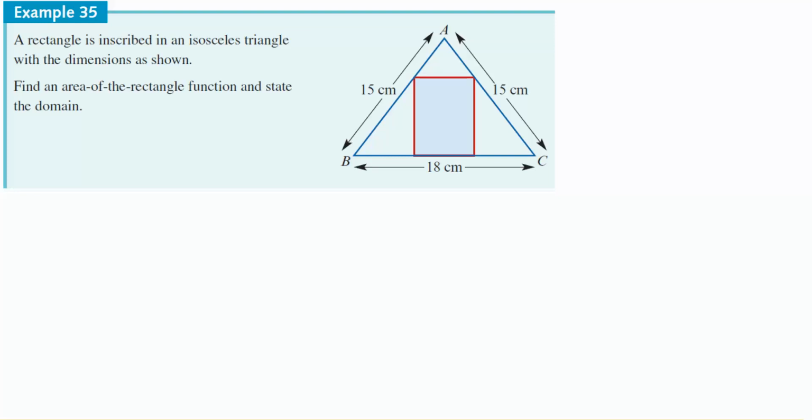So you've got a rectangle inscribed in an isosceles triangle, meaning two angles are equal. With the dimensions as shown, find the area of the rectangle function. So find the area function and then state its domain.